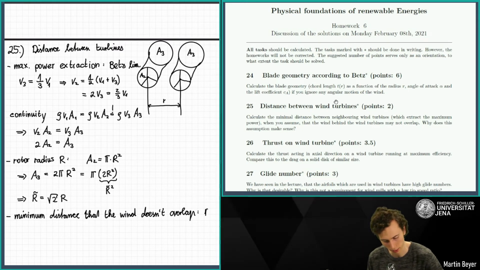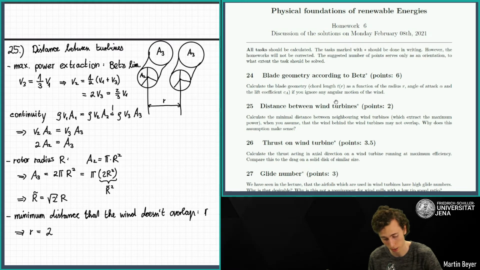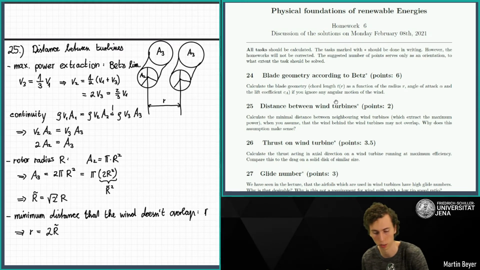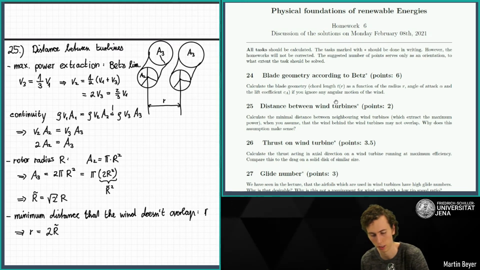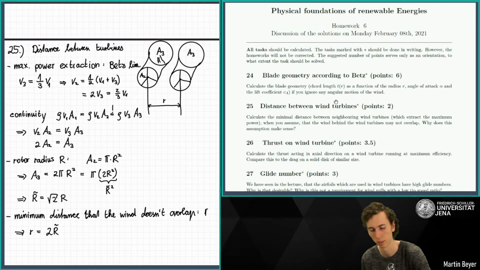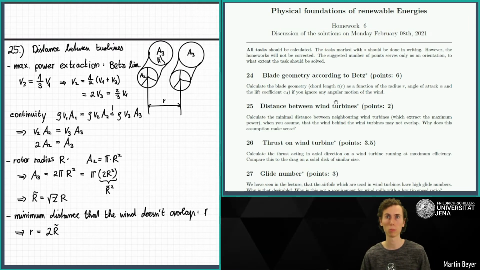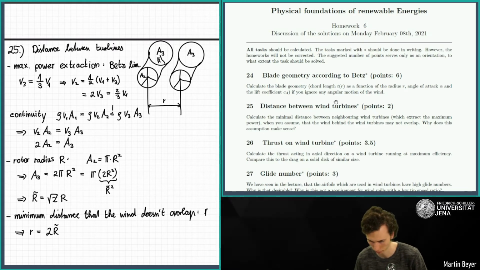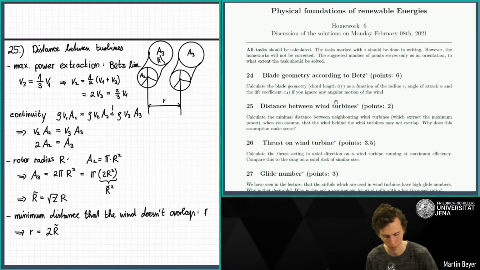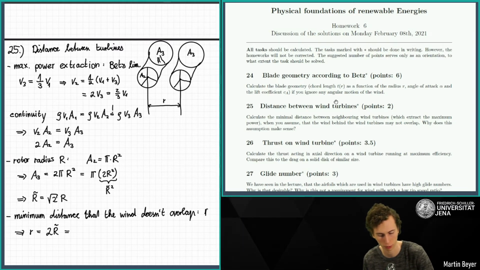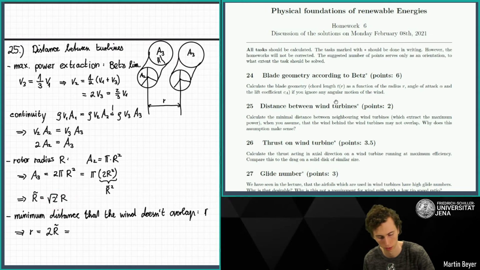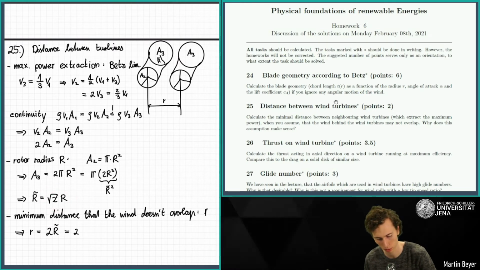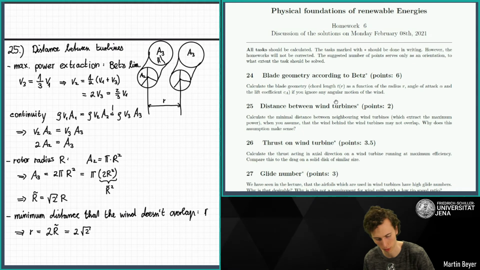So we can find that r is simply given by 2 times r tilde. So assume that here we have r tilde. We can easily see that the minimum distance must be 2 times r tilde. So just using the formula that we found for r tilde, we can see that this is 2 times the square root of 2 times r.